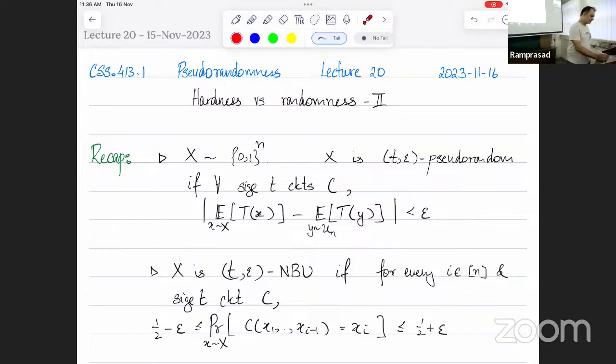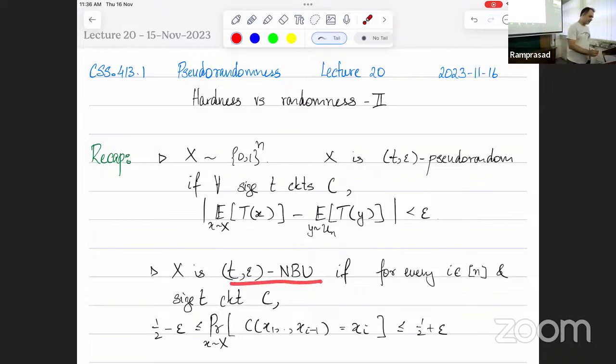Something is (t, epsilon) pseudorandom if for all circuits C of size at most t, you can't distinguish the random variable x from the uniform distribution with advantage more than epsilon. That's what pseudorandom means.